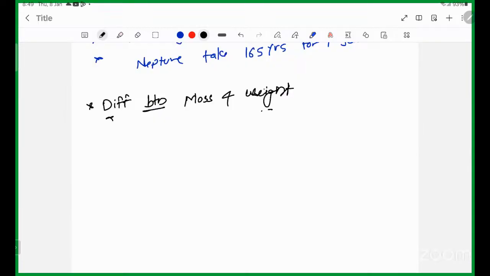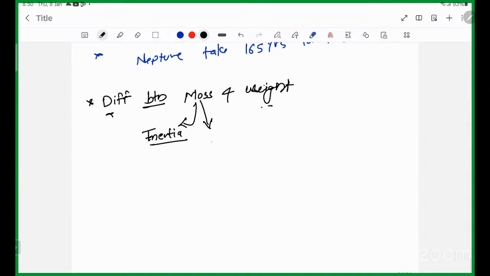We call mass inertia, from Newton's first law of force. It is always constant for any body. But in case of weight, weight is the force exerted.